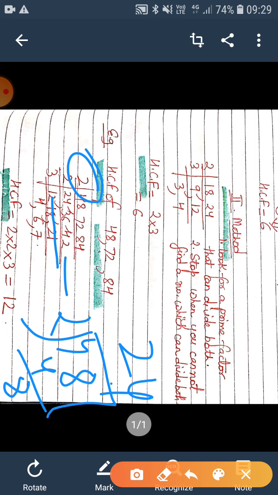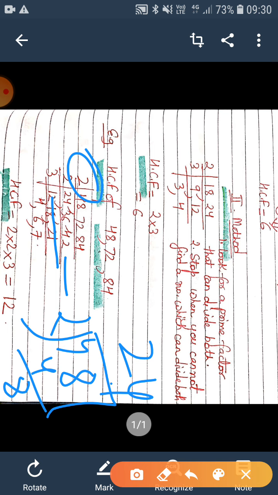Similarly for 24, 36 and 42, can we find a number which can divide all three of them? Yes, this is 2 again. So we have the quotients as 12, 18 and 21 now. Can we find another prime factor which can divide all three of them? 2 cannot divide them, so that number is 3.